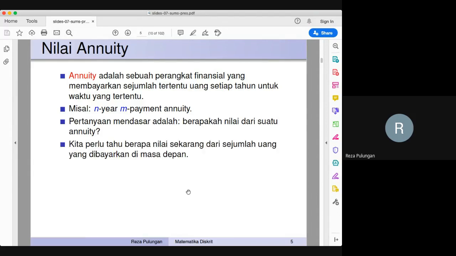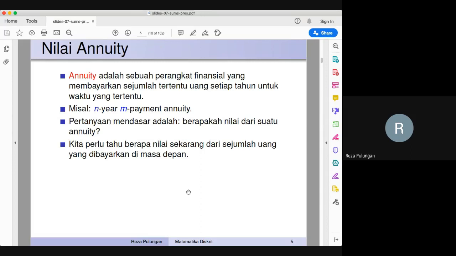Well, if you have a particular amount of money right now, for example $1,000, then the value of this money is right now, so the value of this $1,000 is 1,000.